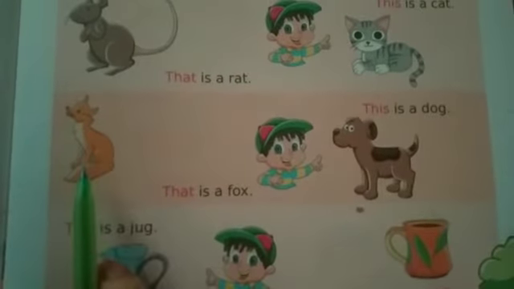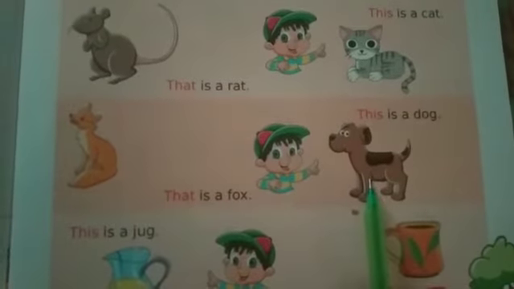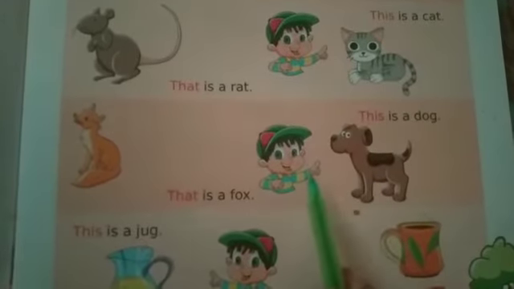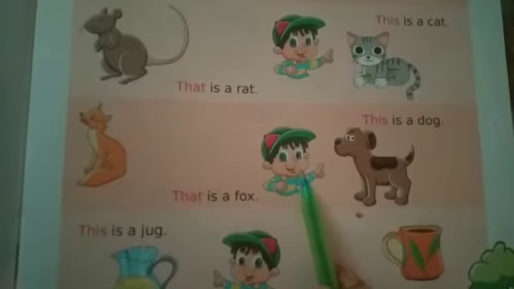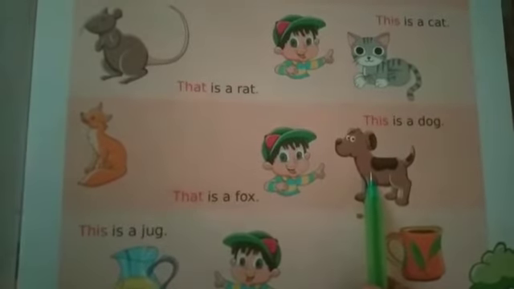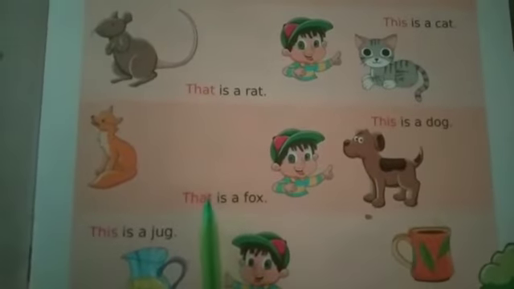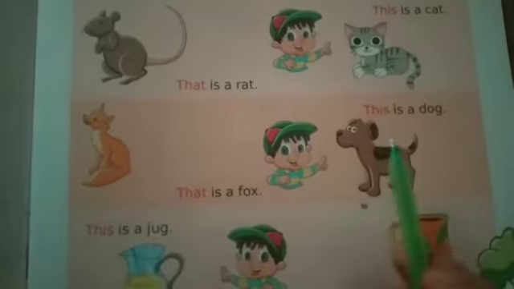Okay, next picture में है, here is a fox and here is a dog. Which one is near to the boy? Right, dog. Dog नजदीक है ना? So we use this for dog and that for fox.